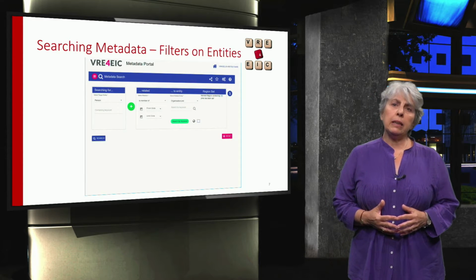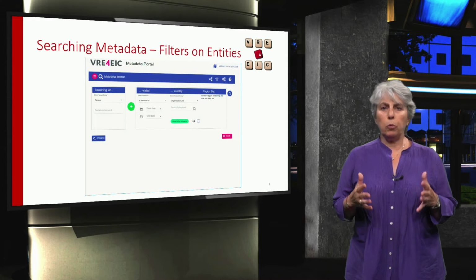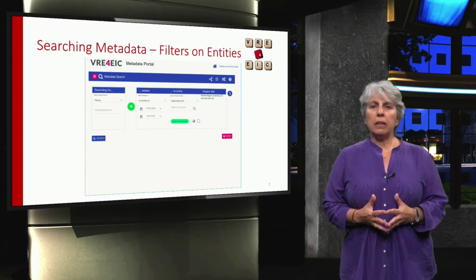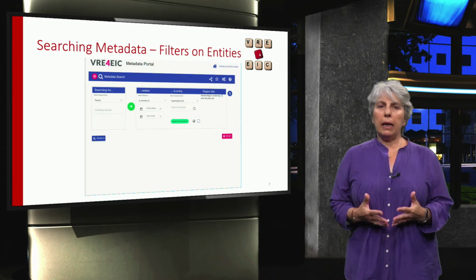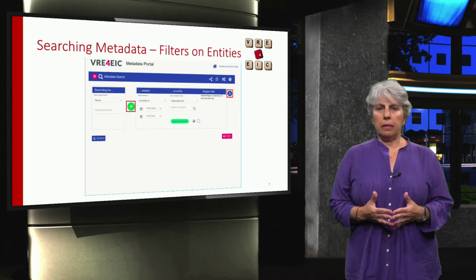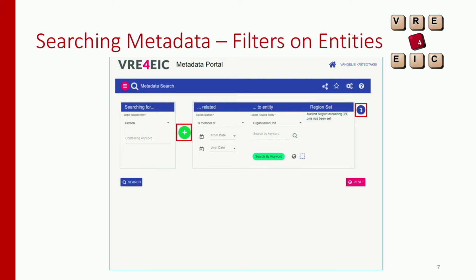So far, it has been demonstrated how to build a basic query and execute it. However, the system allows the construction of more complex queries by applying filters on either the target or the related entities combined with the logical expressions OR and AND when appropriate. To extend the previous example, a new filter is applied on the related organization unit by clicking on the button located on the upper right corner of the respective panel.